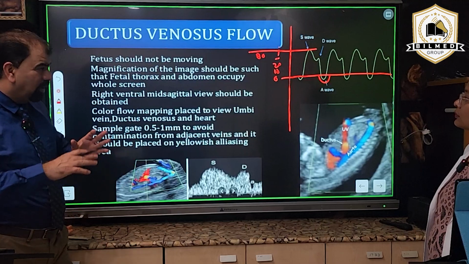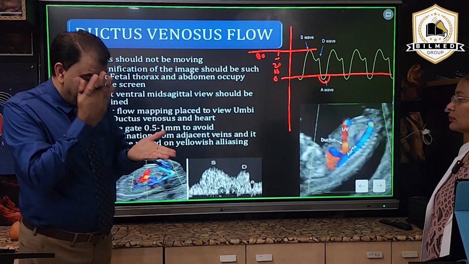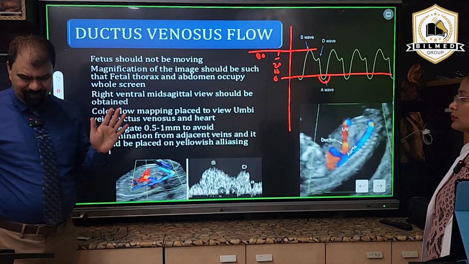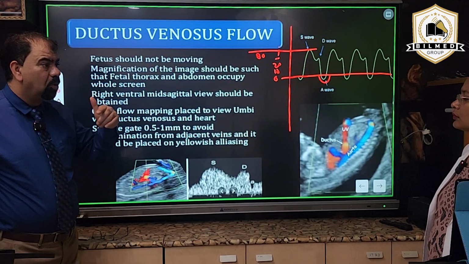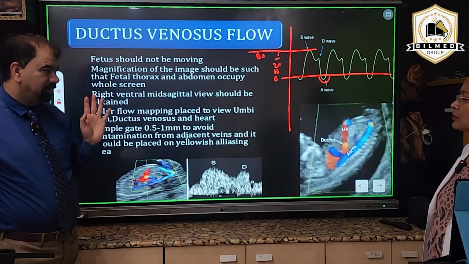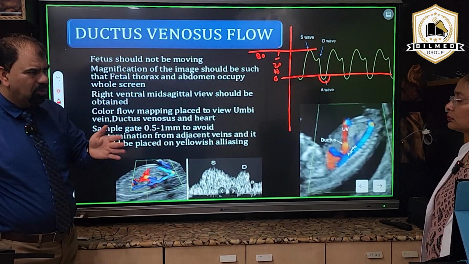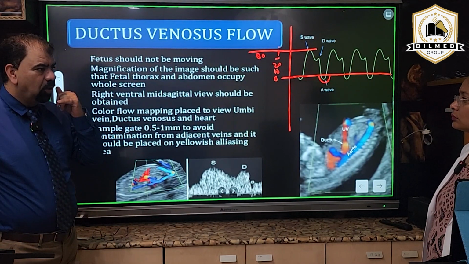So this way, if you are having a report, madam, of abnormal ductus venosus, there is a picture enclosed, right? You see for yourself if I am having more than 100 or less than 50. If I am having somewhere at 100, and that radiologist or whosoever is doing the ultrasound for you, give him a call.